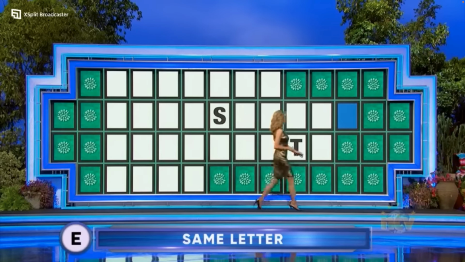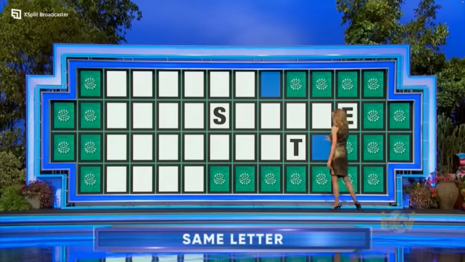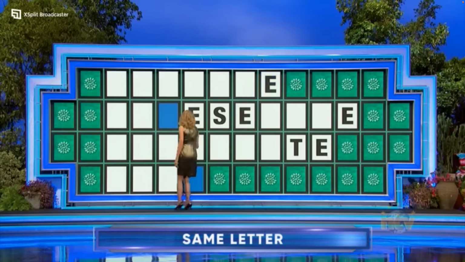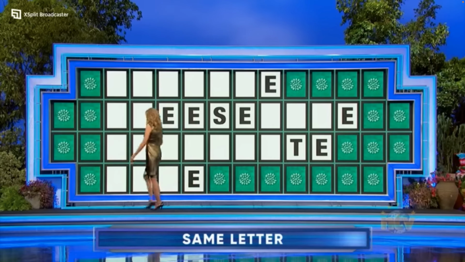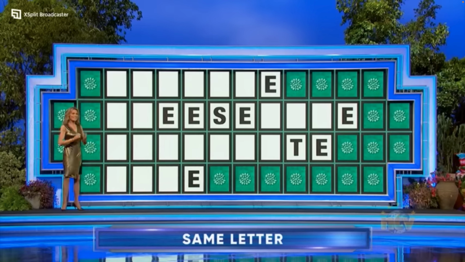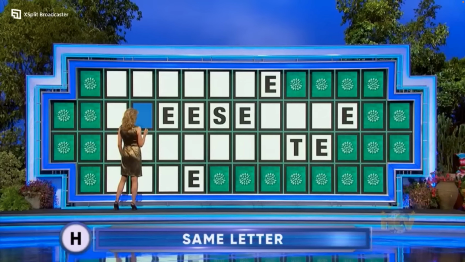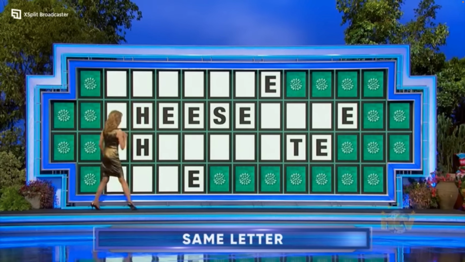Here they come. A 1, a 2, a 3. And there's more. 4, 5, 6, 7 E's. $550. H. Yeah, 2 H's. We'll add another $1,100 to your total.